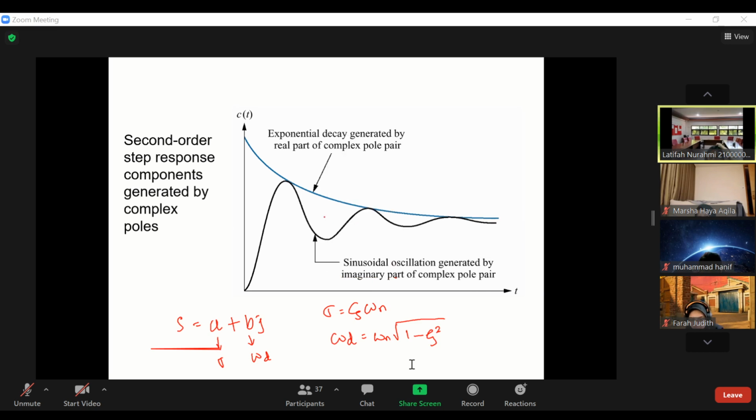The omega d makes this oscillation cycle. And then the decaying, from one peak to another peak to another peak, and finally it's gone. That's because of the real part. That's because of the real number.